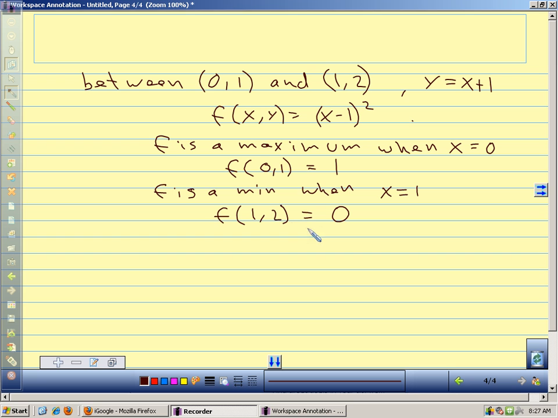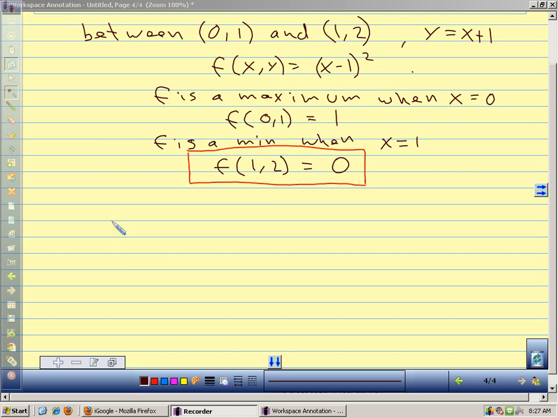This is the same as the minimum we found in the interior on the line y equals 2x. So this could be a point we're interested in. Now we've looked at the interior and 2 boundaries. We need to look at one more boundary, and then we can decide where our absolute max and absolute min are.